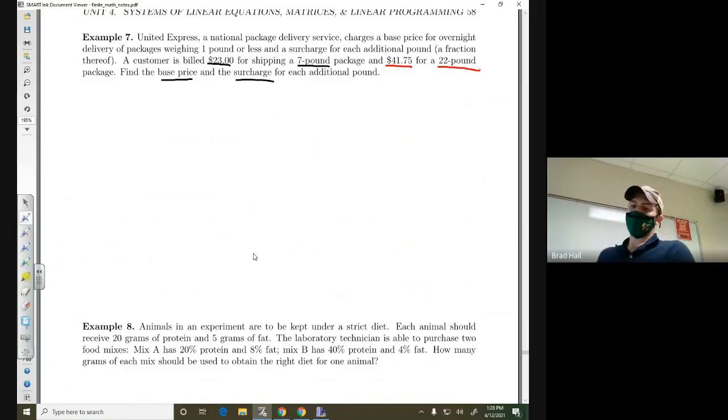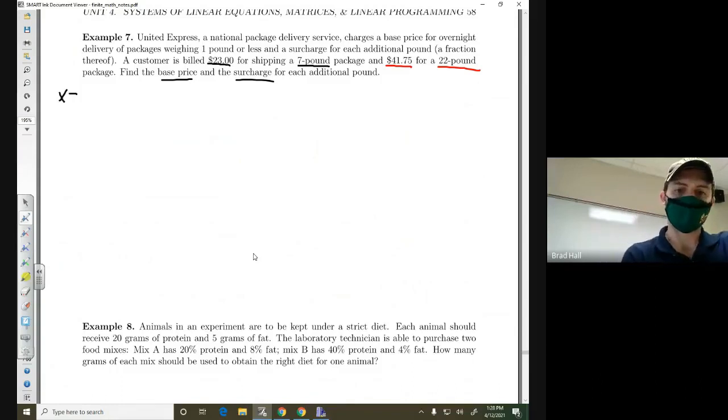So the problem with these word problems is, somehow we need to take those words and turn that into a system of linear equations, which may or may not be fun depending on how you view all this stuff. So if anything, we need some variables.